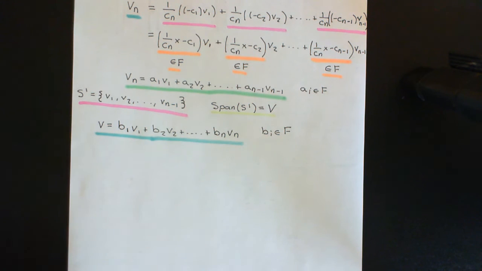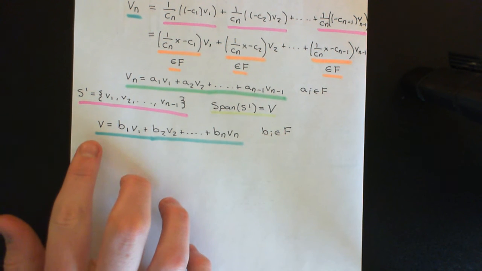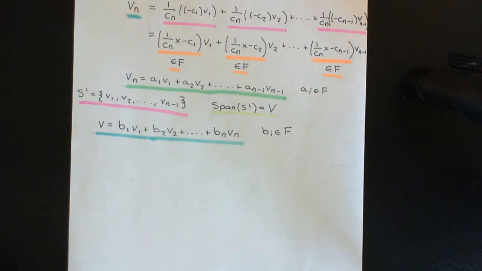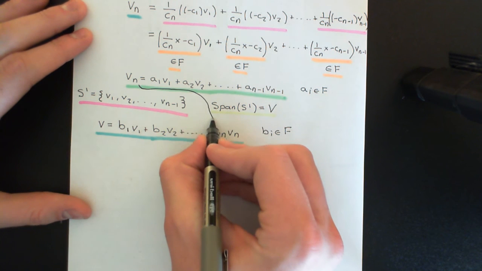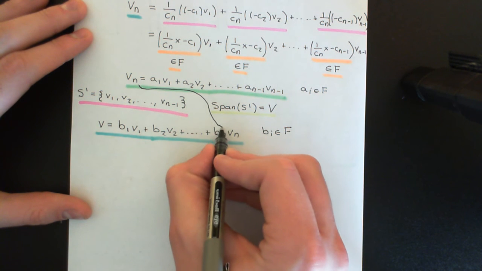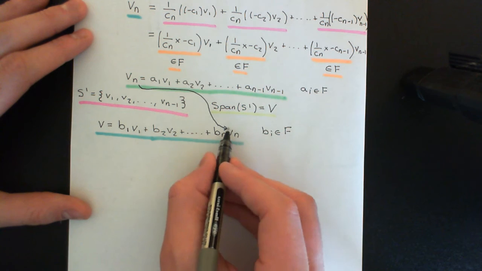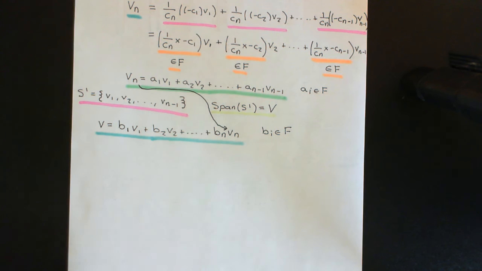So I could write this arbitrary little vector as some linear combination of the vectors v1 all the way up to vn. What I now want to do is prove that I can write this arbitrary vector little v as a linear combination of these ones, i.e. I don't need the vn. Now how am I going to do this? Well, hopefully this should be pretty intuitive. I'm going to substitute in the fact that I can write Vn as a linear combination of the other n-1 vectors, so I'm going to stick this in here and then hope that I can rearrange it into a linear combination of the other n-1 vectors.